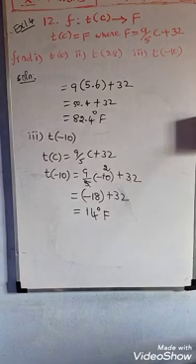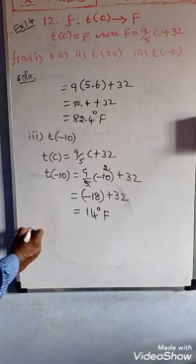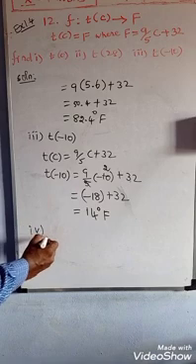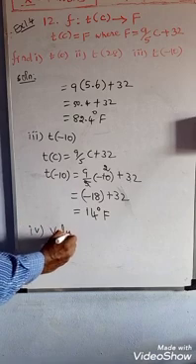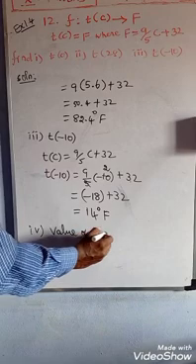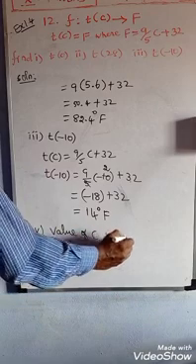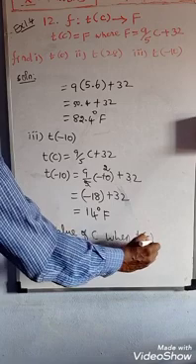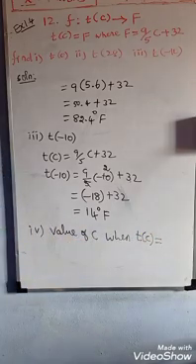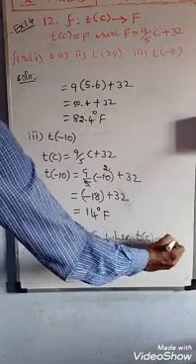So 3 points over. Then the fourth point is to find the value of C. Now we want to find the value of C when T of C, the Fahrenheit value, is given. So T of C is equal to 212.